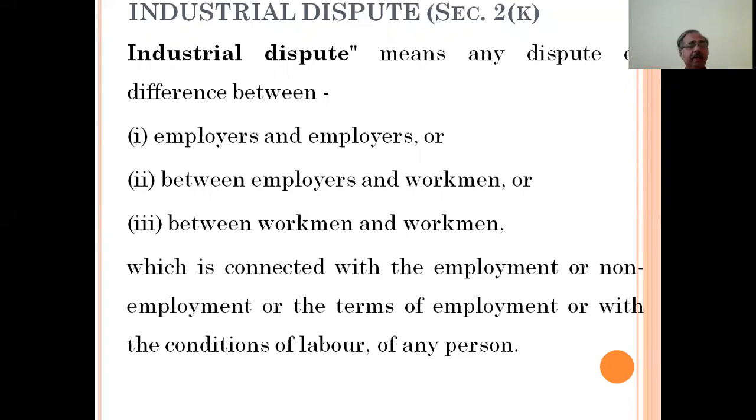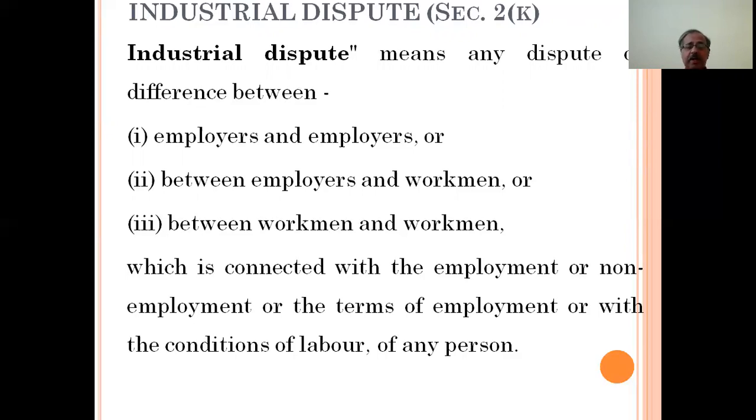According to section 2K, industrial dispute means any dispute or difference between employers and employees, or between employers and workmen, or between workmen and workmen, which is connected with employment or non-employment, or the terms of employment, or with the conditions of labor of any person. So this is the definition for the term industrial disputes.